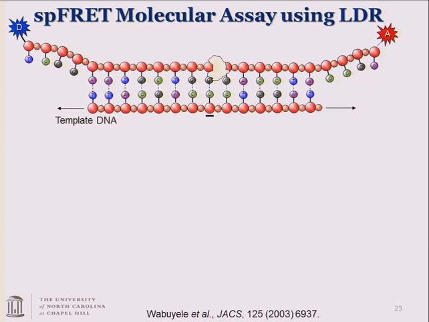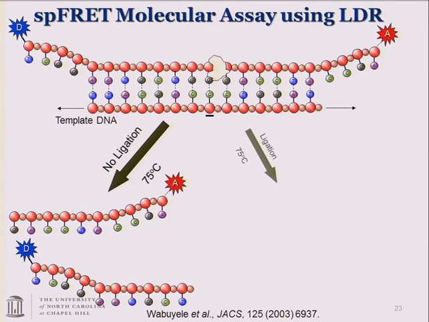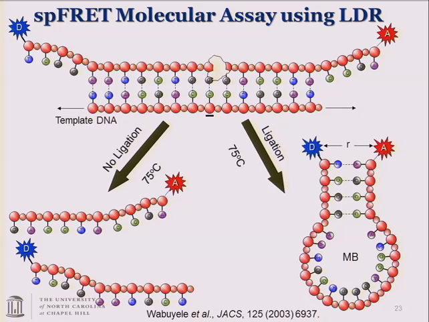If there's complementarity between these primers and this cDNA, they're ligated together. And appended on the back end is a stem structure and a donor and an acceptor. So when we ligate those 2 primers together, it forms a molecular beacon, brings these 2 dyes, the donor and acceptor, into close proximity.